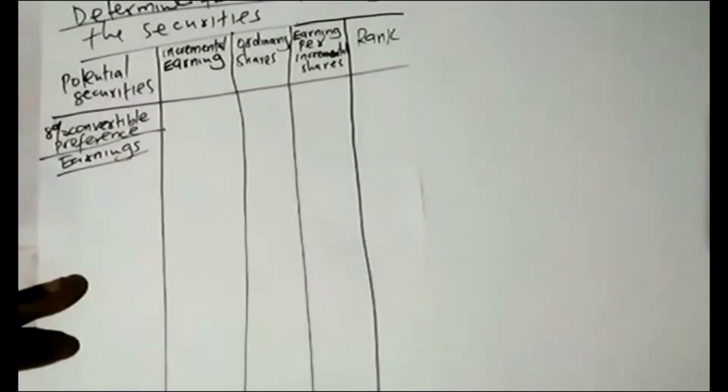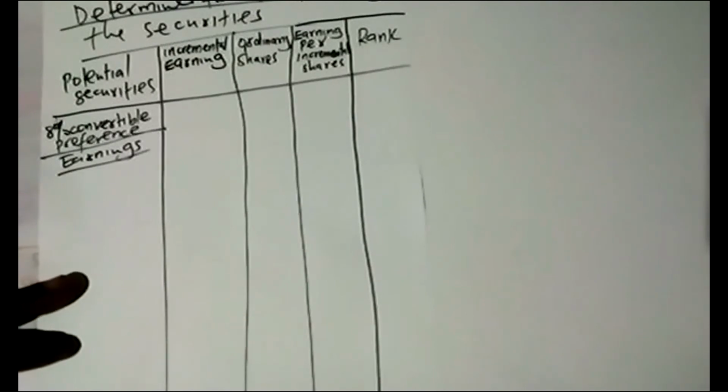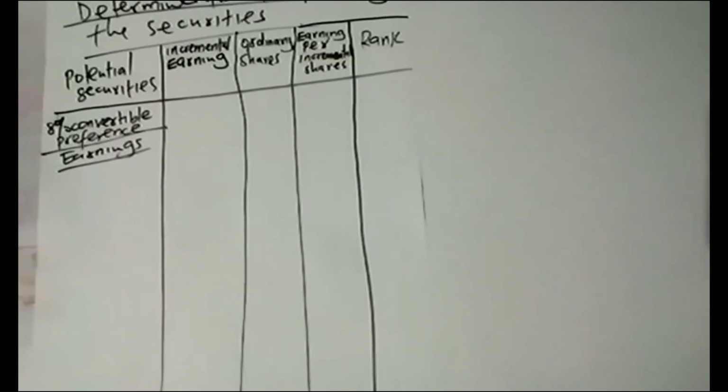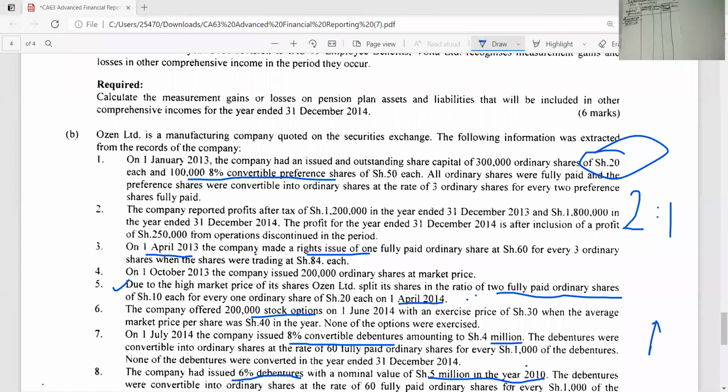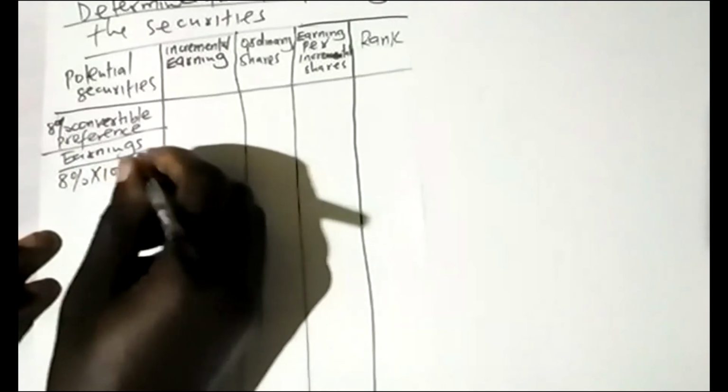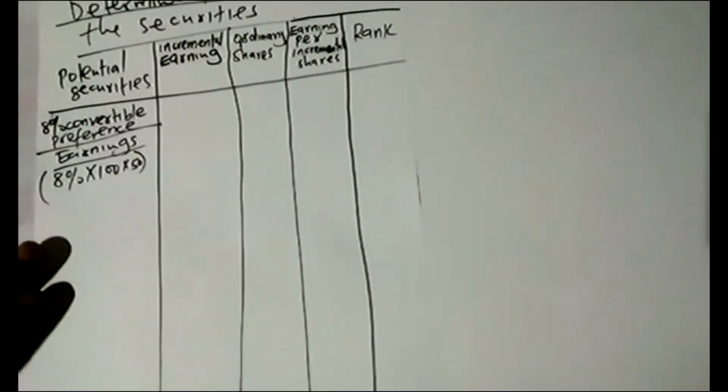Remember that the earnings is concerning the security itself, which was an 8% convertible preference share. So you take 8% times 100 times 50. Remember, this is all about the interest which you are not supposed to pay.